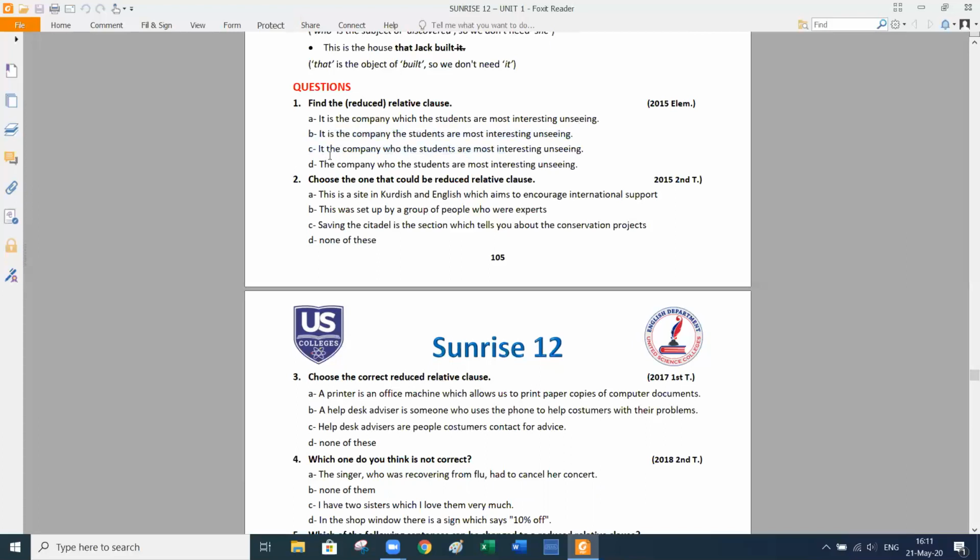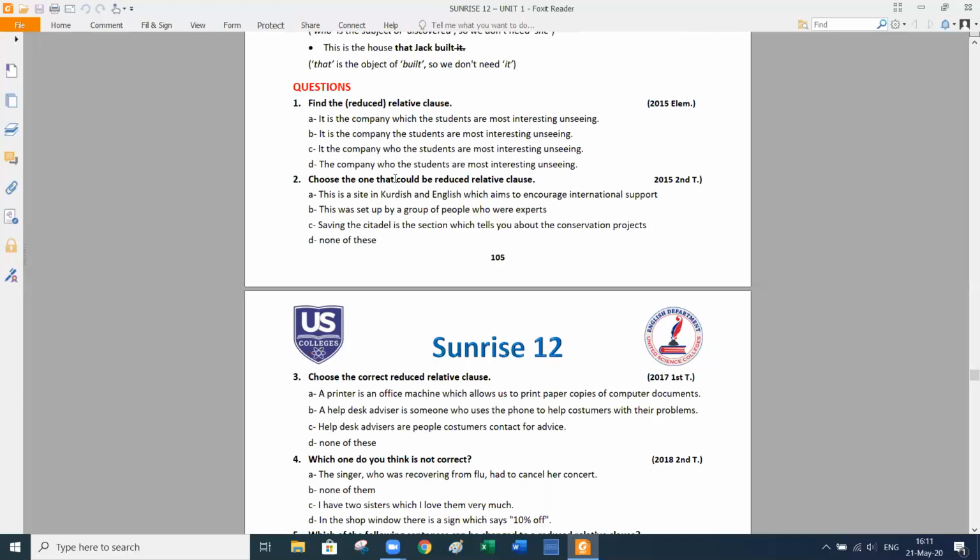But we continue looking at the other choices. C says it is a company who the students are most interested in seeing. Now there is who here, so this is not reduced. Anyway, we don't use who about company. Company is not a person. It should be which, as in choice A. So this is not the correct answer as well.